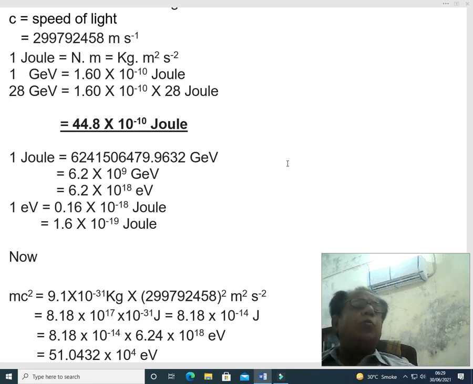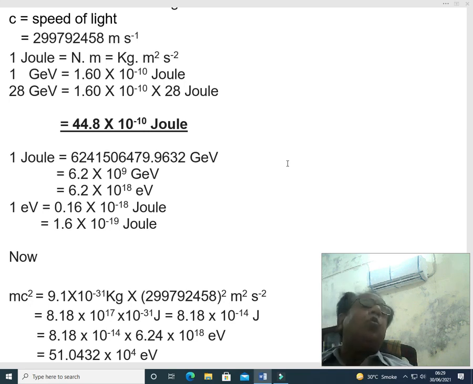So from here, when so many electron volts are equal to 1 joule, then 1 electron volt will be equal to 1 divided by 6.2 into 10 raised to the power 18, that is 10 raised to the power minus 18 after being shifted on the other side of the equality.